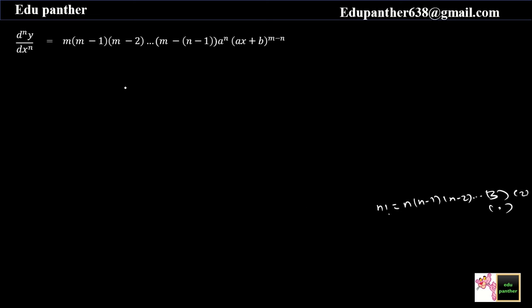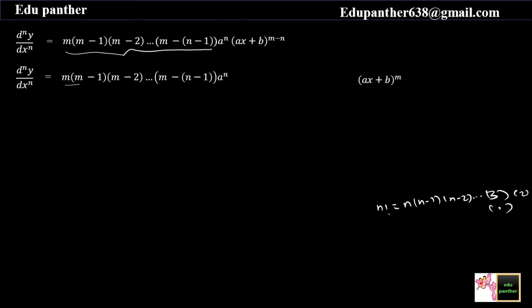So we'll try to write these terms as m factorial. For that just note down this step. First, your m terms are all there: m, m minus 1, m minus 2, up to m minus n plus 1, into a raised to n into ax plus b raised to m. Now we have to convert all these terms into m factorial.